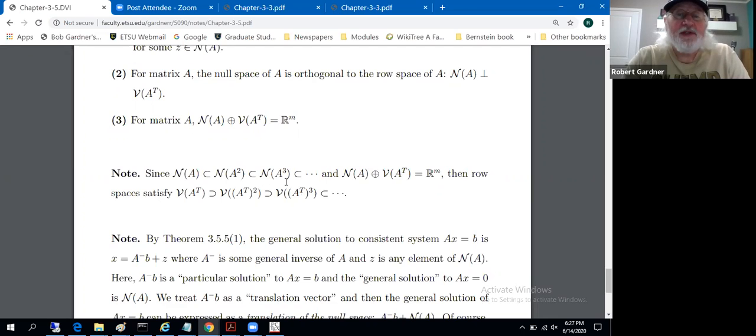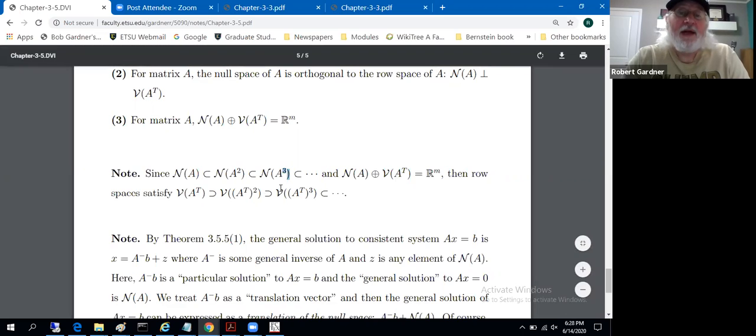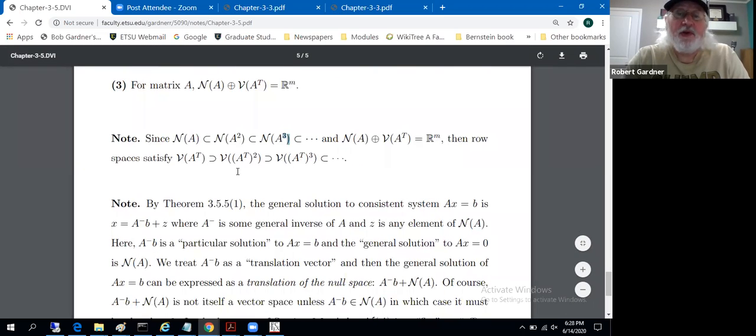Since we've got this nesting here, these spaces must be getting bigger as that exponent on matrix A increases. So it must be that the other spaces are getting smaller to preserve that direct sum, given that exponents are increasing.